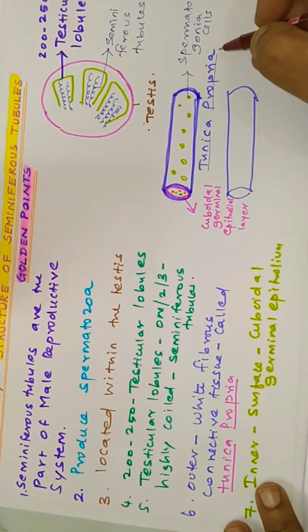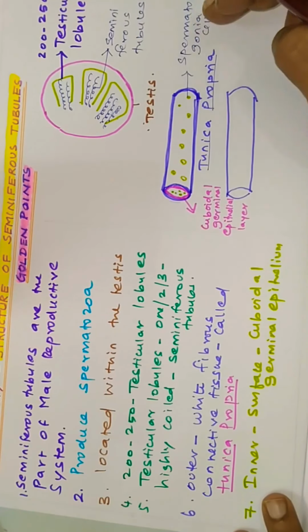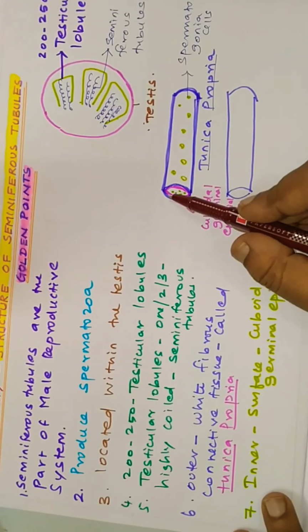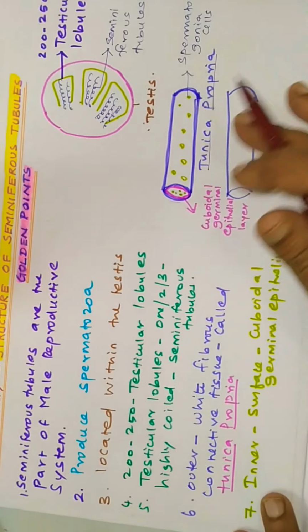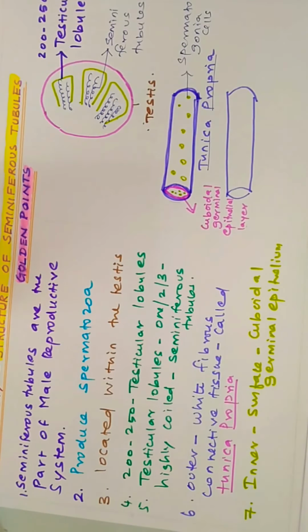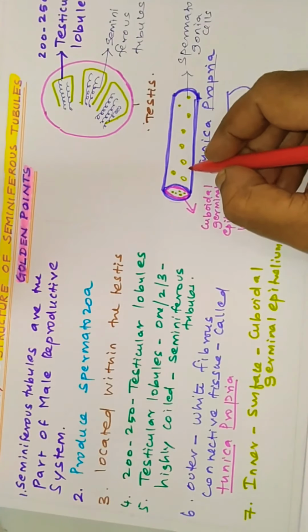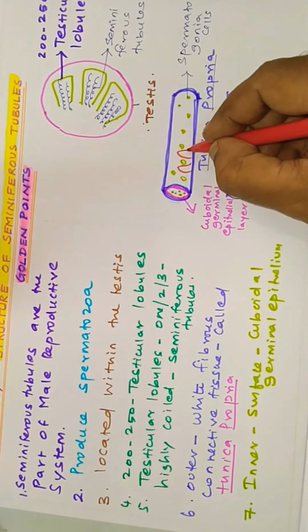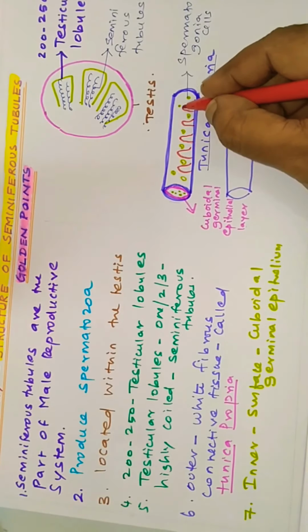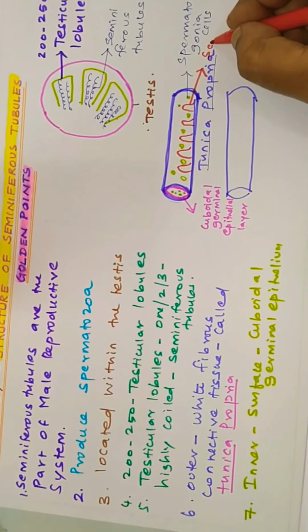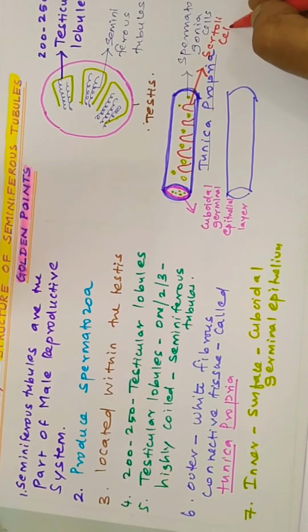Spermatogonia cells, otherwise called sperm mother cells or male germ cells, are present in the cuboidal germinal epithelial cell in the inner layer. It also has another layer in between the spermatogonia cells, another large cell termed the large columnar cell, which is termed a Sertoli cell.